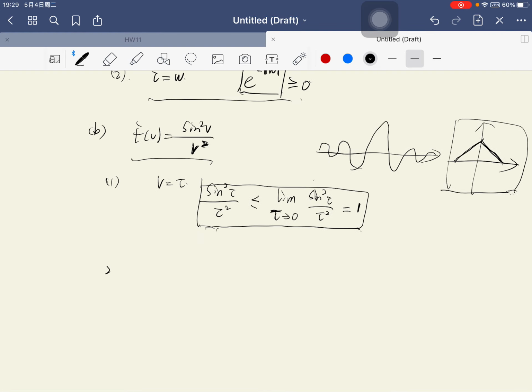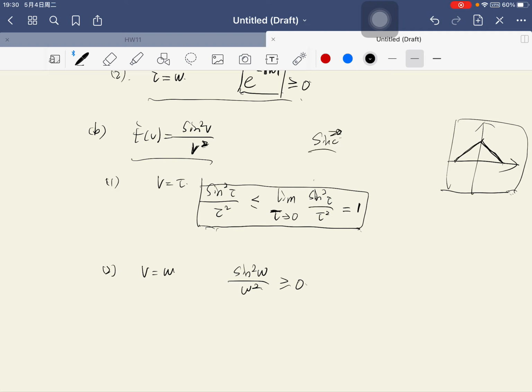For the second, we check whether it represents a spectral density function, when V equals omega. Sine squared omega over omega squared is obviously bigger than or equal to 0, because it's not the sinc function but the sinc to the power of 2.